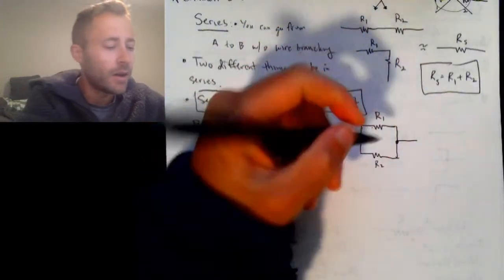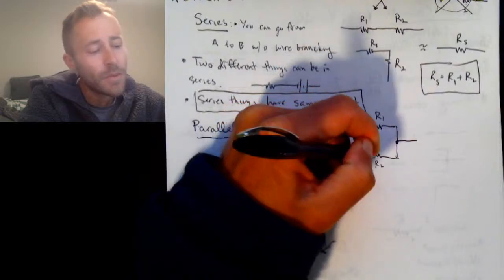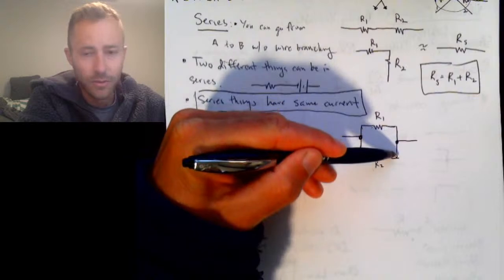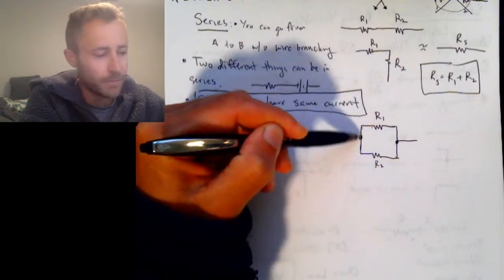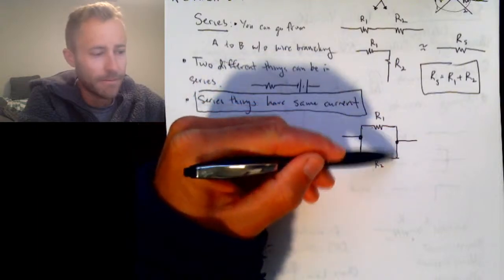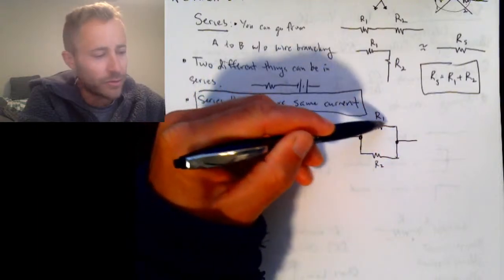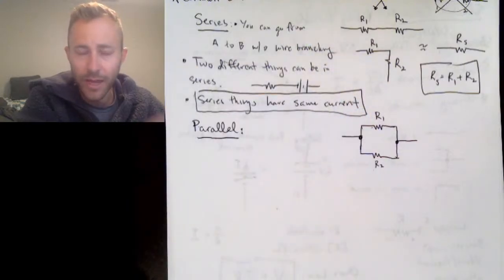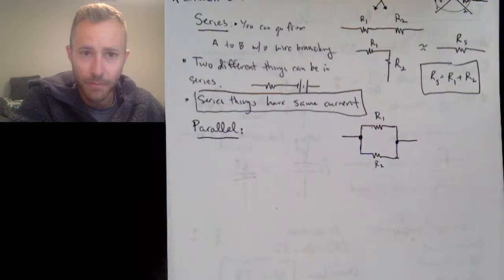If I walk around this loop here, this loop has only those two resistors. So that is how you tell if two things are in parallel.